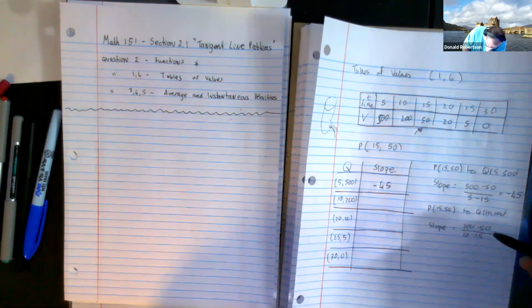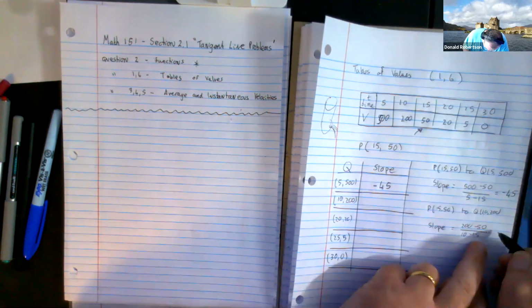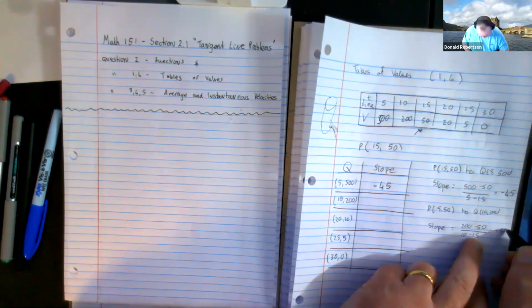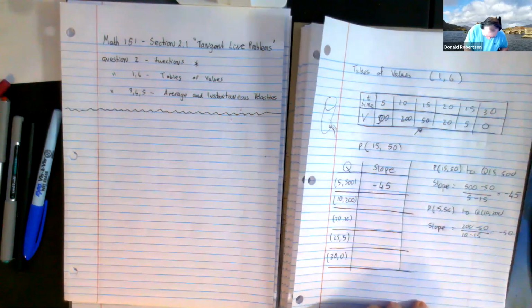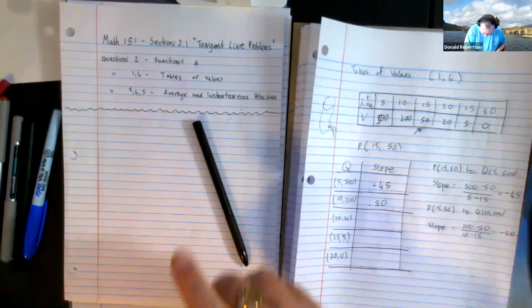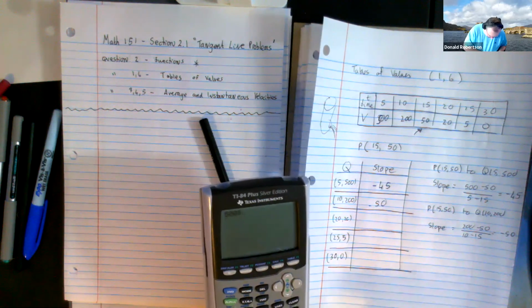If I figured this out in my head, 150 and 5, I think it's negative 50 here. And so on and so forth. Let me just double check something here. 500 take away 50.